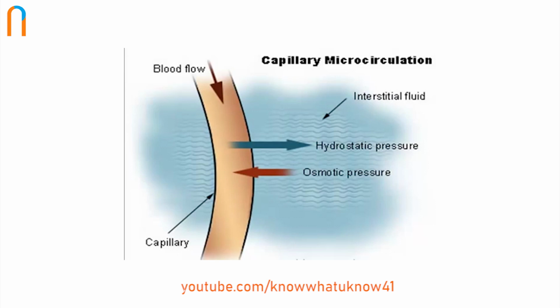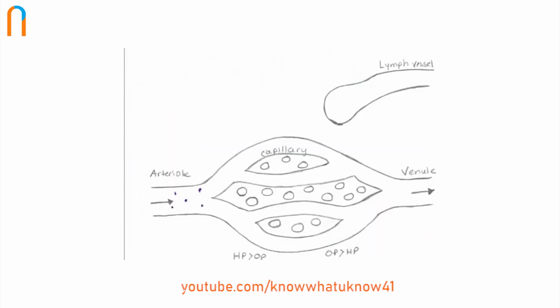Net shifts of fluid between the capillary and interstitial compartments are important for a host of physiological functions, including the maintenance of circulating blood volume, interstitial fluid absorption, tissue edema formation, and saliva, sweat, and urine production. Net fluid movement out of capillaries is referred to as filtration, and fluid movement into capillaries is called reabsorption.